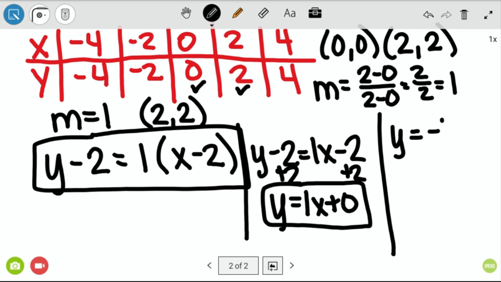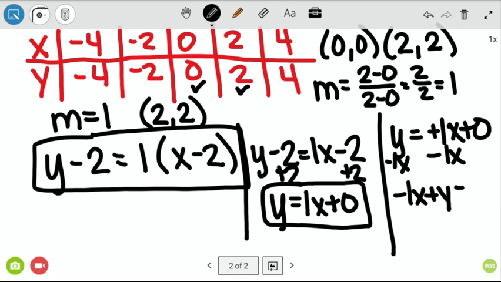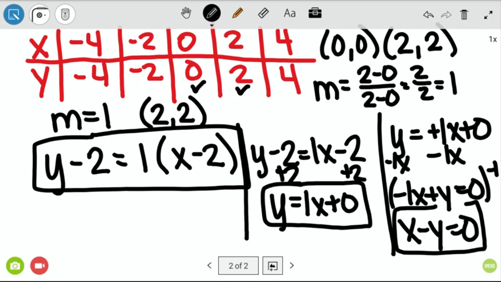And if you wanted to subtract your 1x over, that's a positive 1x plus 0, and multiply by -1 and get x minus y equals 0, I would accept this as well. Now, obviously, out of these 3 options, which one looks the easiest?